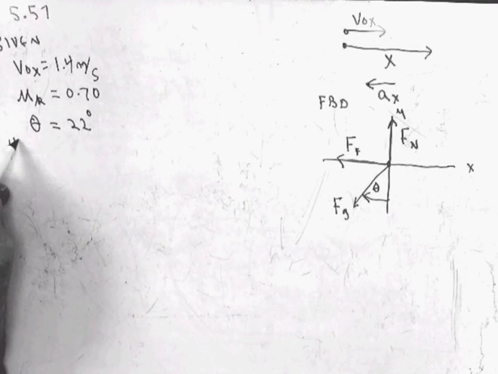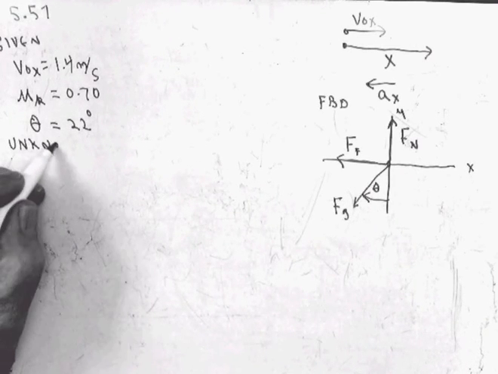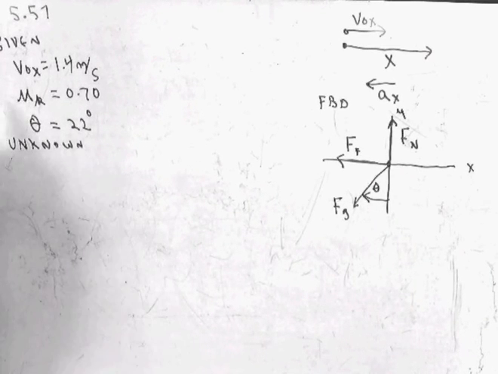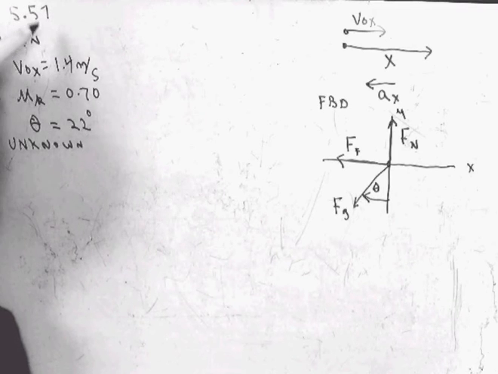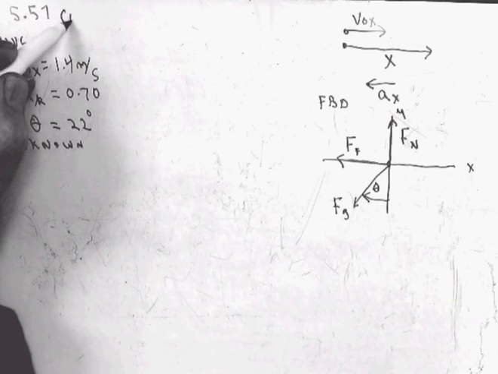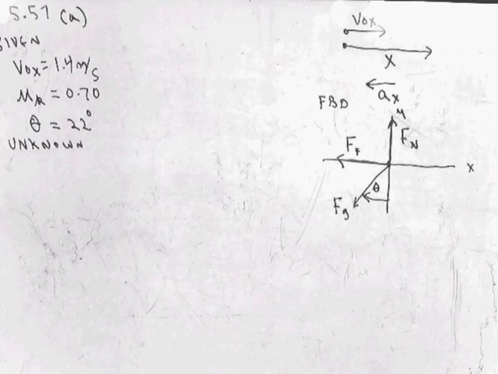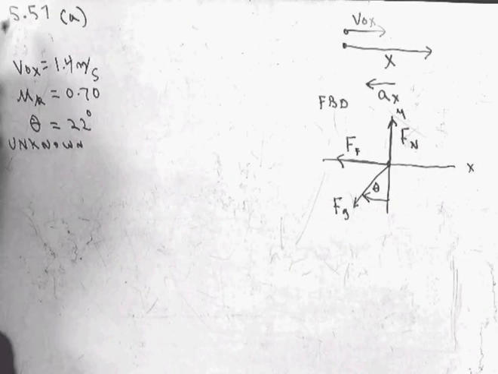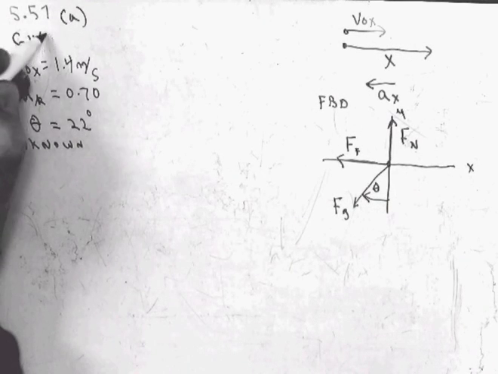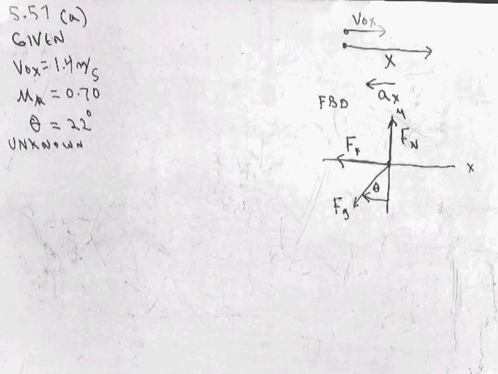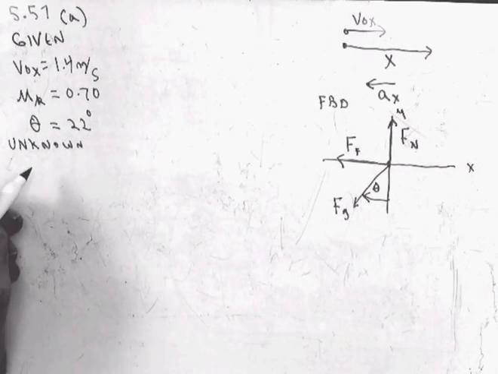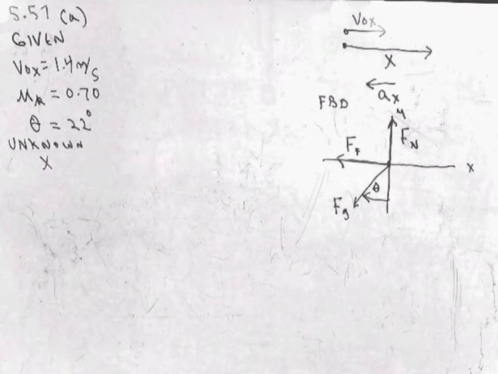In the A part, our unknown is x. Let me denote this first as we're talking about the A part of the problem right now.